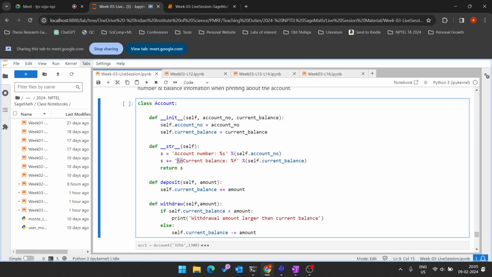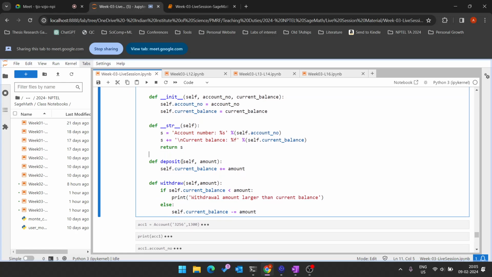In the next line, we are also printing current balance, and here we have percentage f, which acts as a placeholder for floating point numbers. There we are asking it to place the current balance attribute for this particular account object.